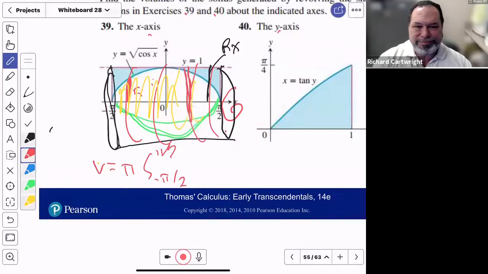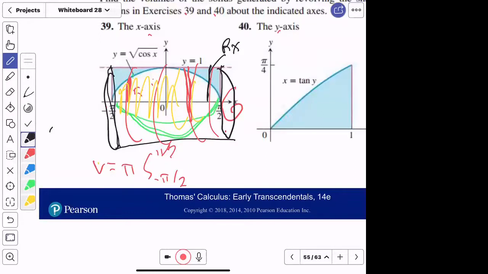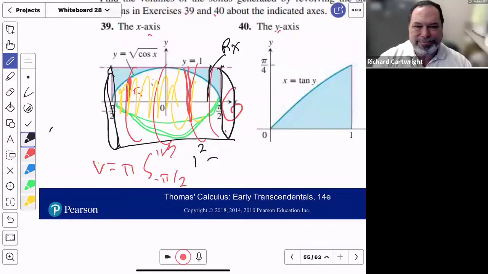What's big R? 1. 1 squared minus. What is small r? It's this thing here. It's a cosine graph. Wow.